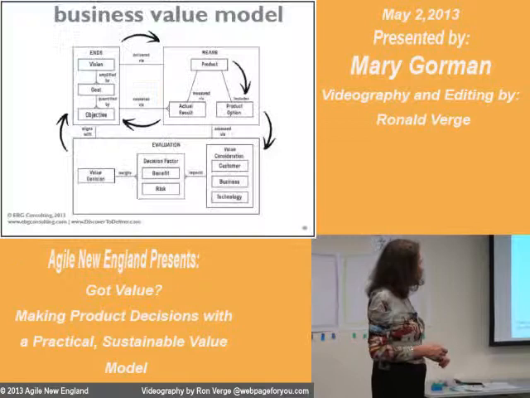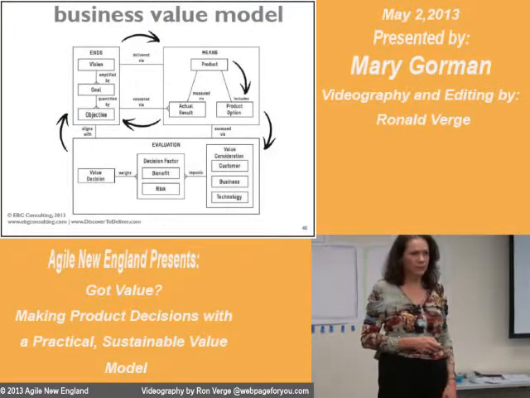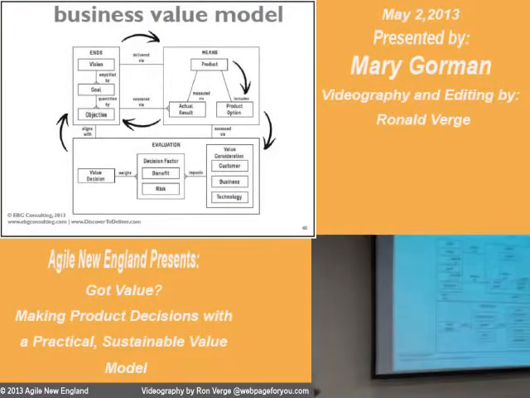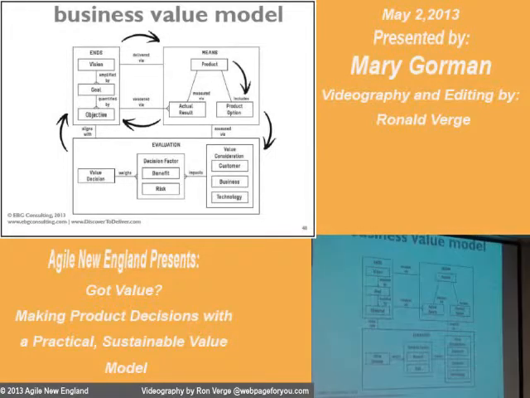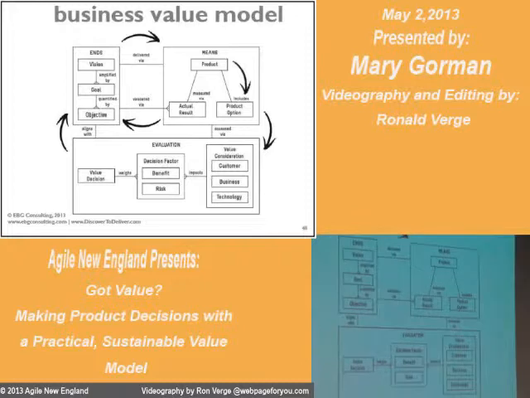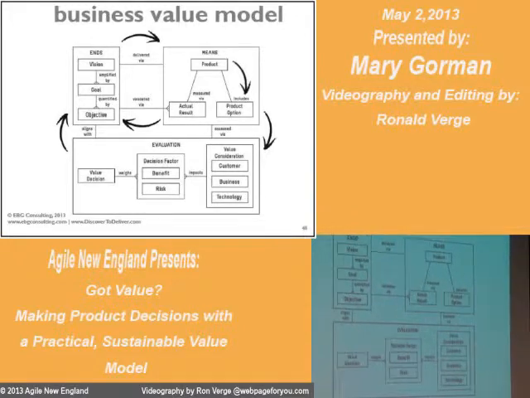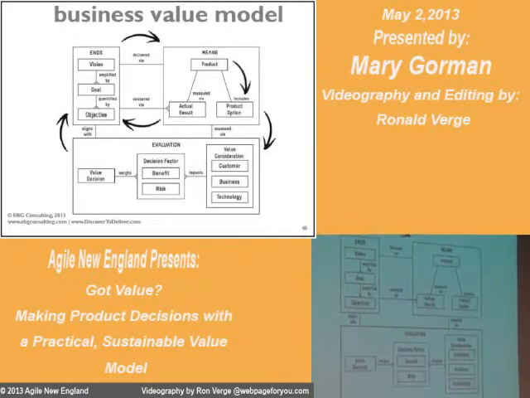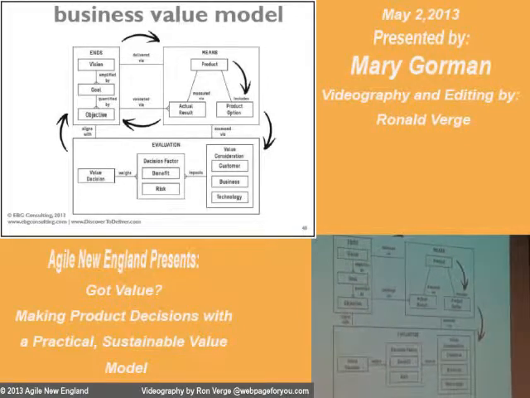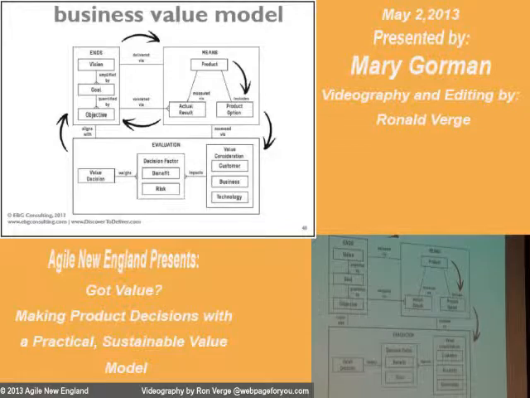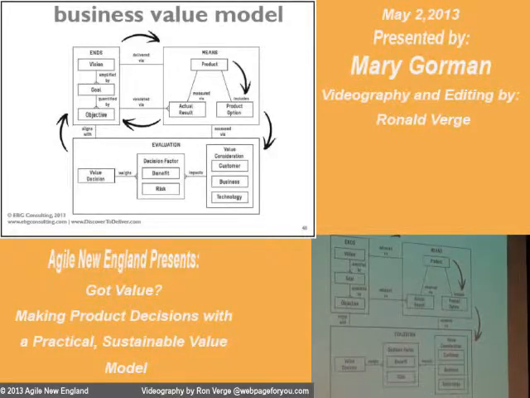So our wrap, here's the entire model. We started out with our ends in the upper left-hand corner with the vision, goals, and objectives. And we said that those are going to be delivered by the product itself. Those product options are going to actually be assessed using that whole aspect of the evaluation subset.